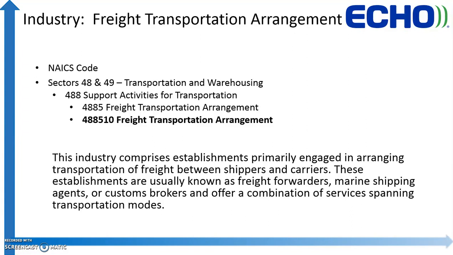So both of these codes apply, and that's why it's really important to know both of them when you're researching a company, because it could be listed under several. For instance, ECHO is listed under a number of other areas besides these 2 codes based on the services they offer, but these are the primary industries they're working in.